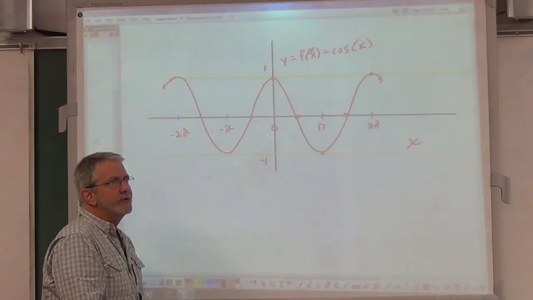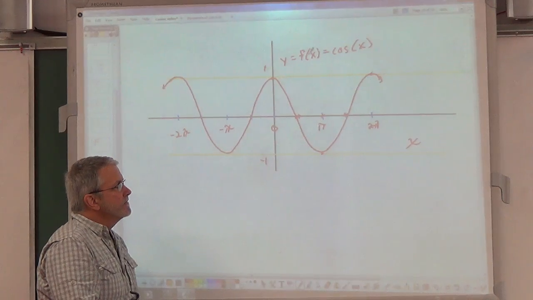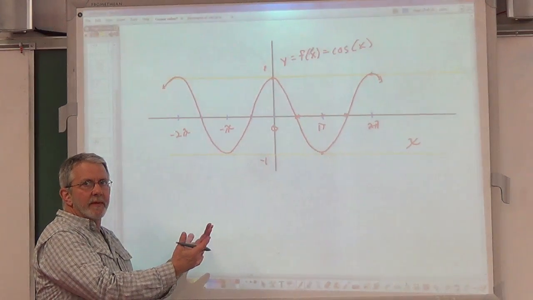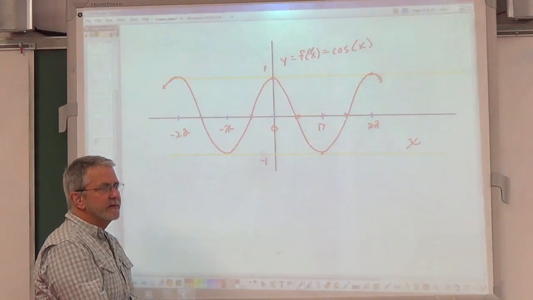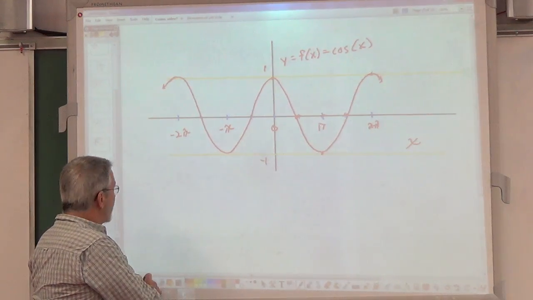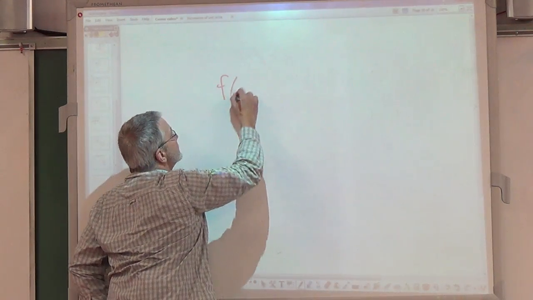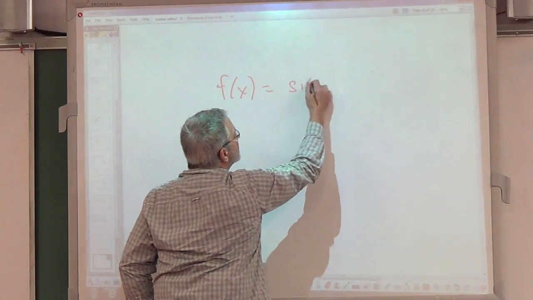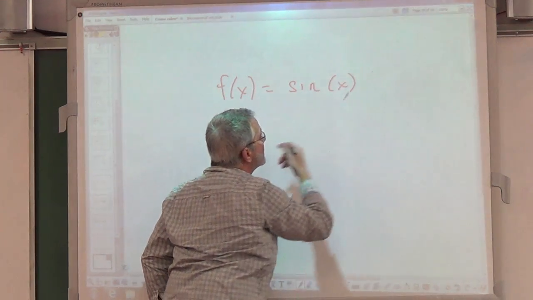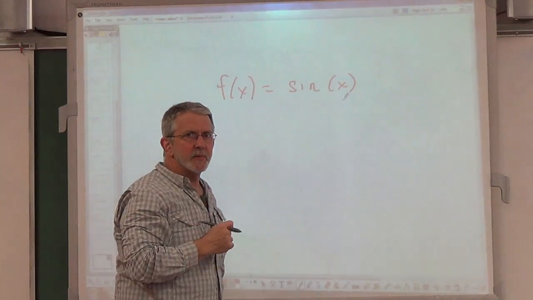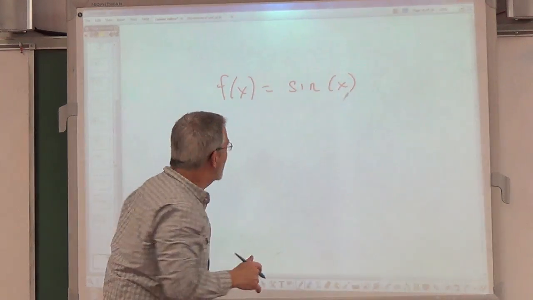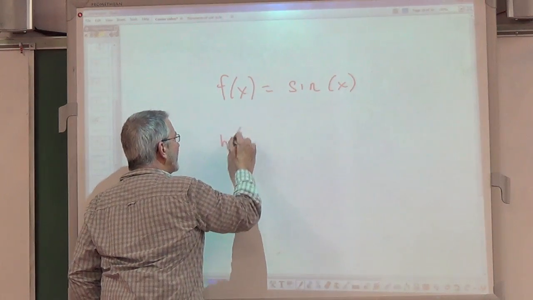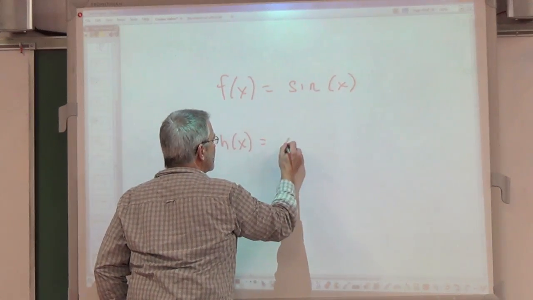What I'd like for you to do is to come up with the same discussion for the graph of this function right here. And here's a nice one. What would happen to this function? What if I wanted to graph this function?